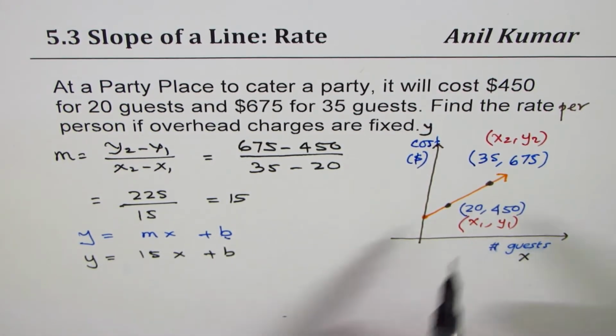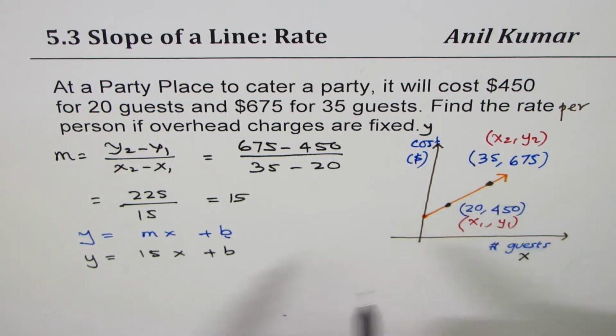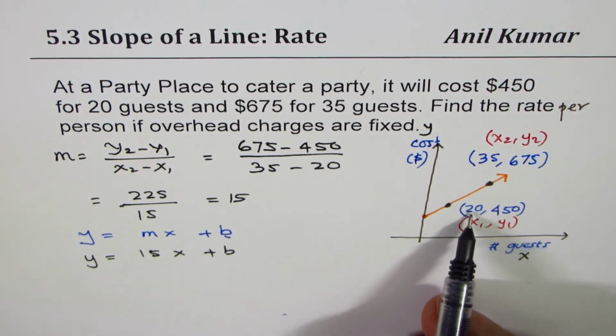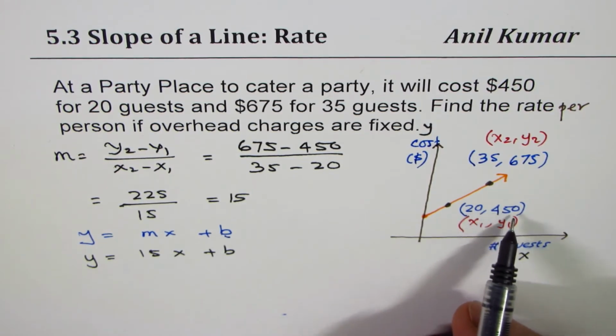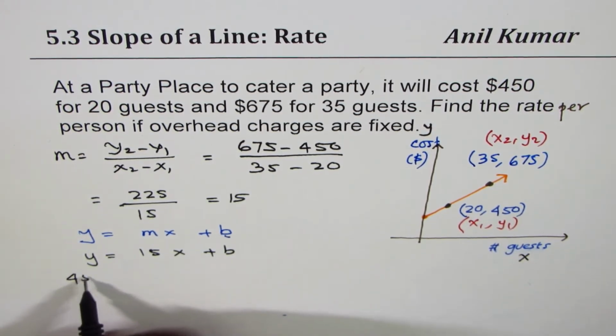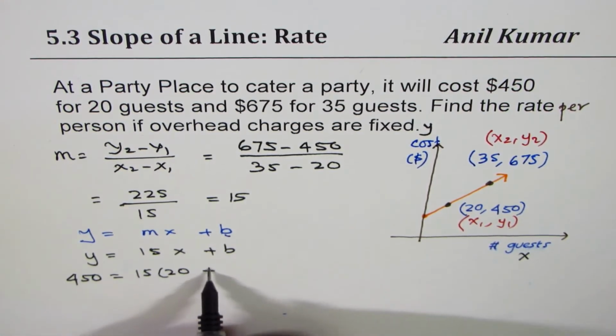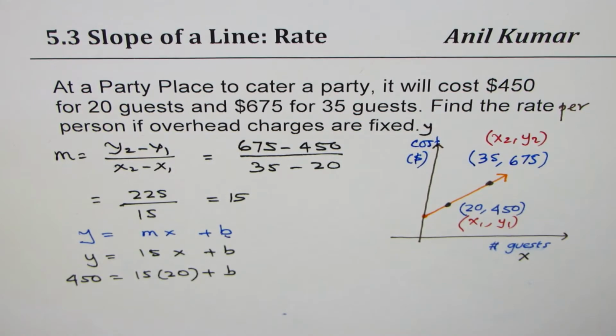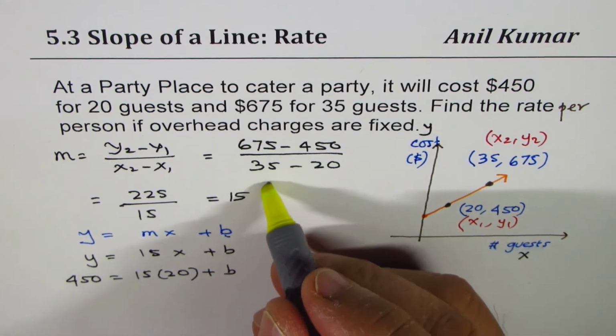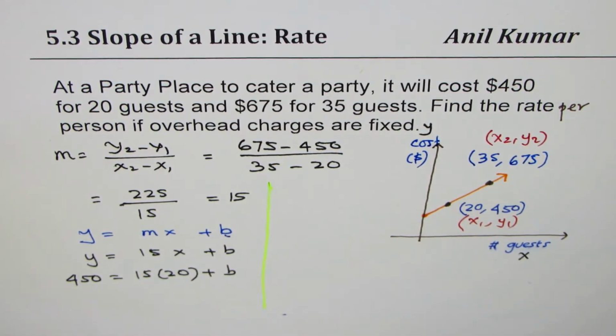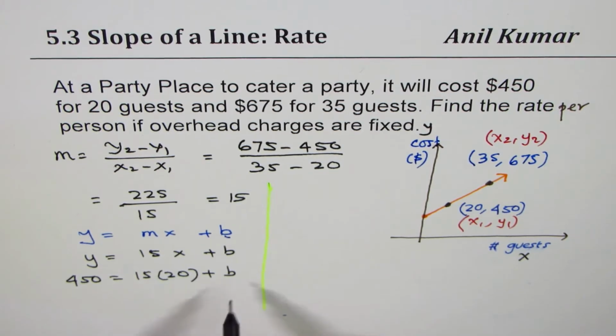To find b, we could take any one of these points. Let us take 20 and 450, where 20 is the x value and 450 is the y value. We get 450 equals 15 times 20 plus b. Now b is the only unknown variable.